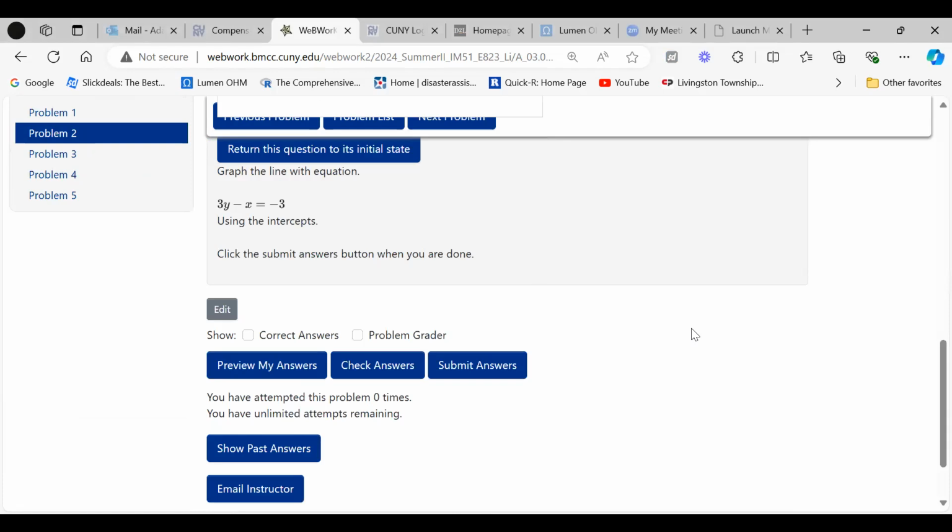Okay? Now I'm going to show you how to turn it into slope-intercept form, and also graph it from there.